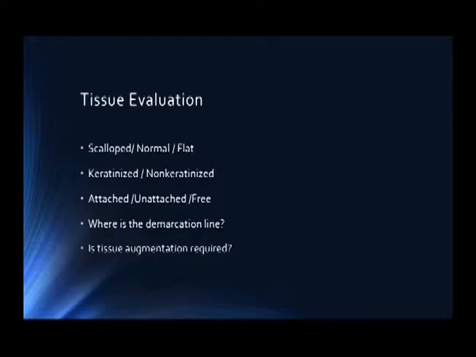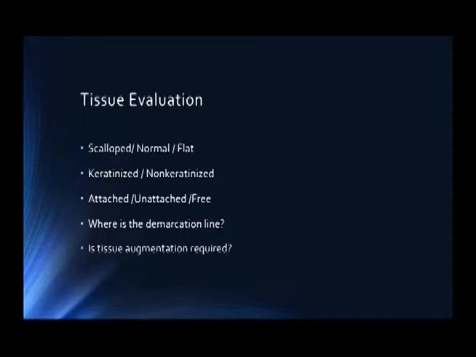Our next thing that we need to evaluate is our tissue evaluation. Certainly we need to see whether the tissue is scalloped, normal, flat, where there's keratinized and non-keratinized tissue. Now we do know that an implant is much more successful in keratinized tissue.